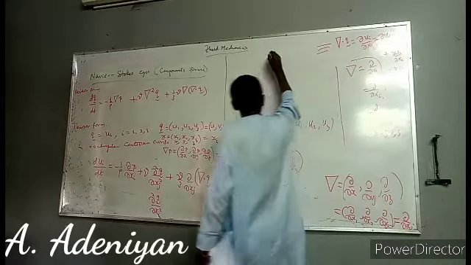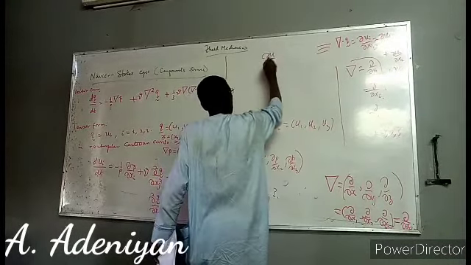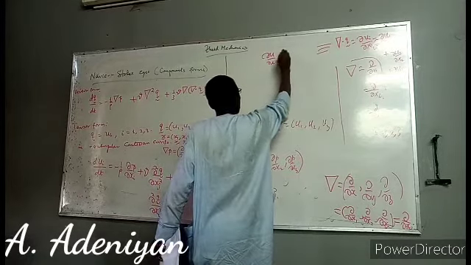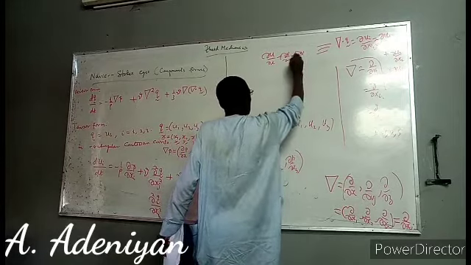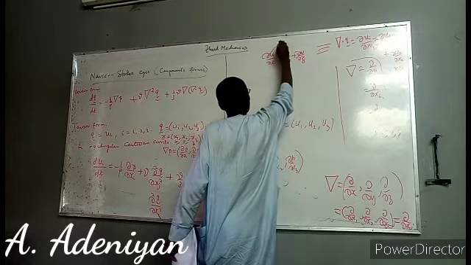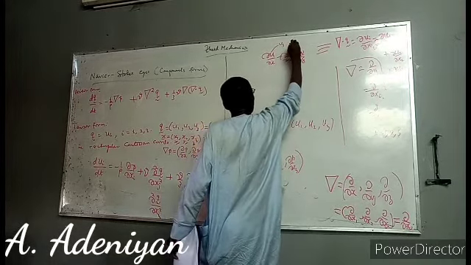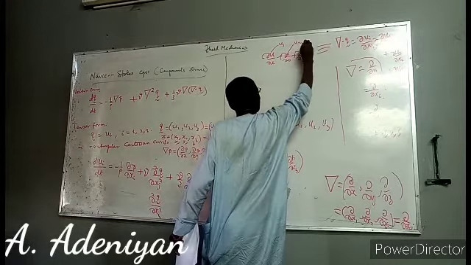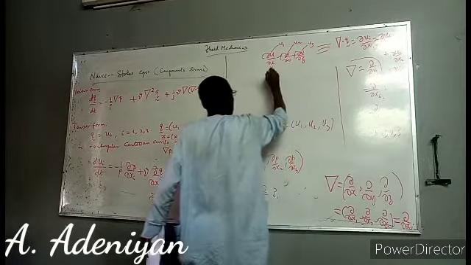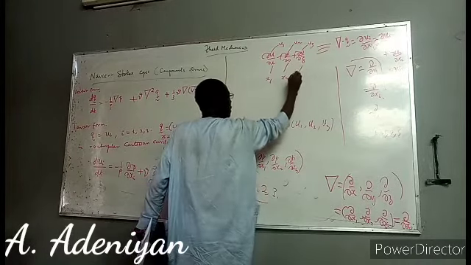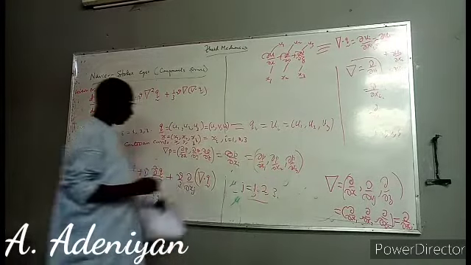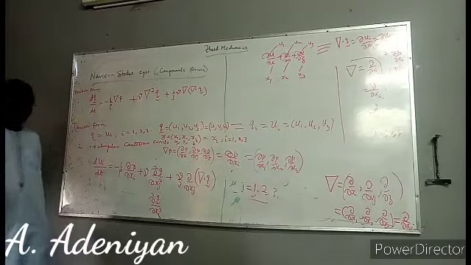This is simply going to be ∂u/∂x plus ∂v/∂y plus ∂w/∂z, in which case this is u2 and this is u3. Of course this is x1, this is x2 and this is x3.